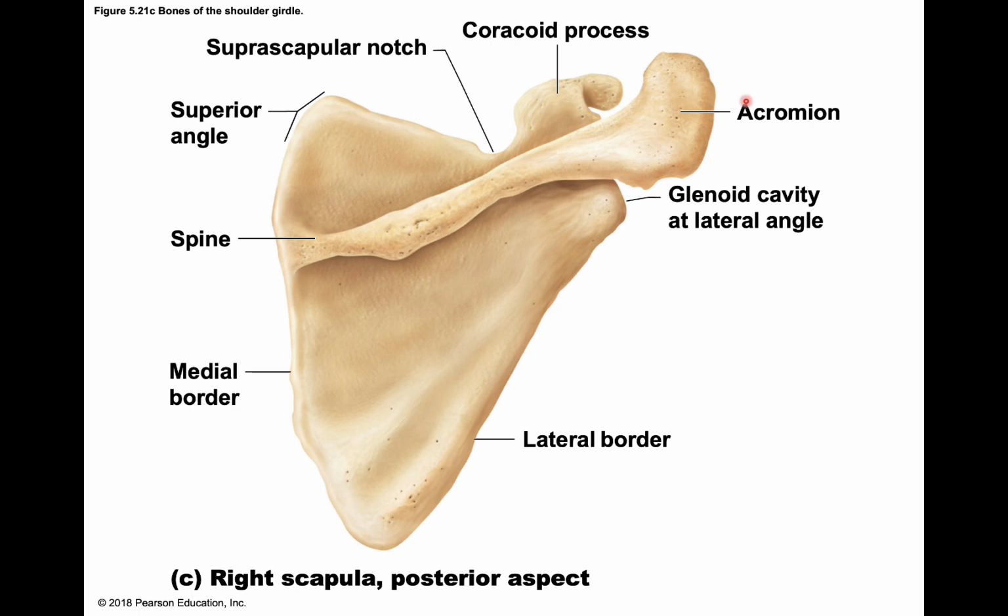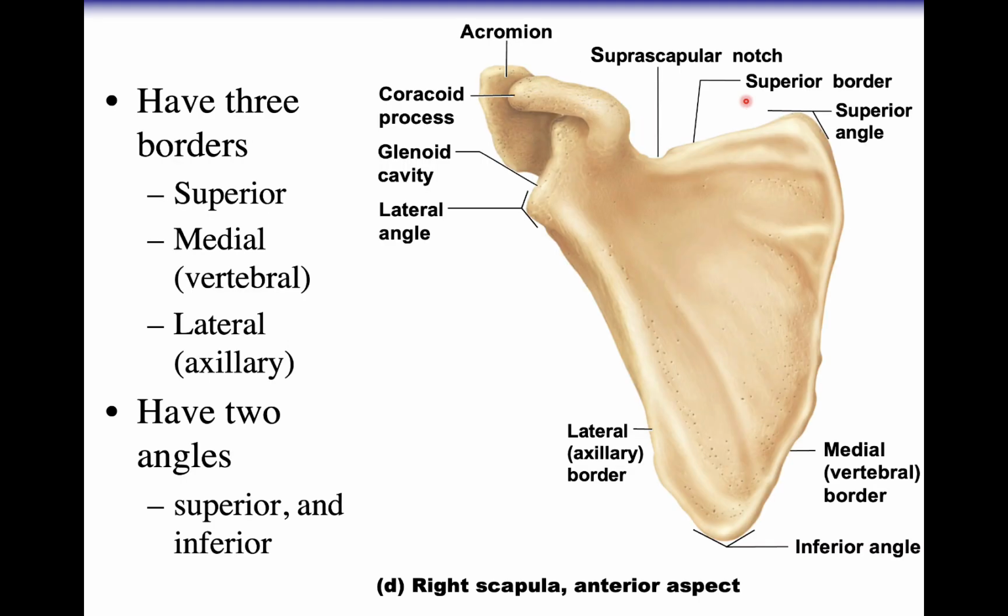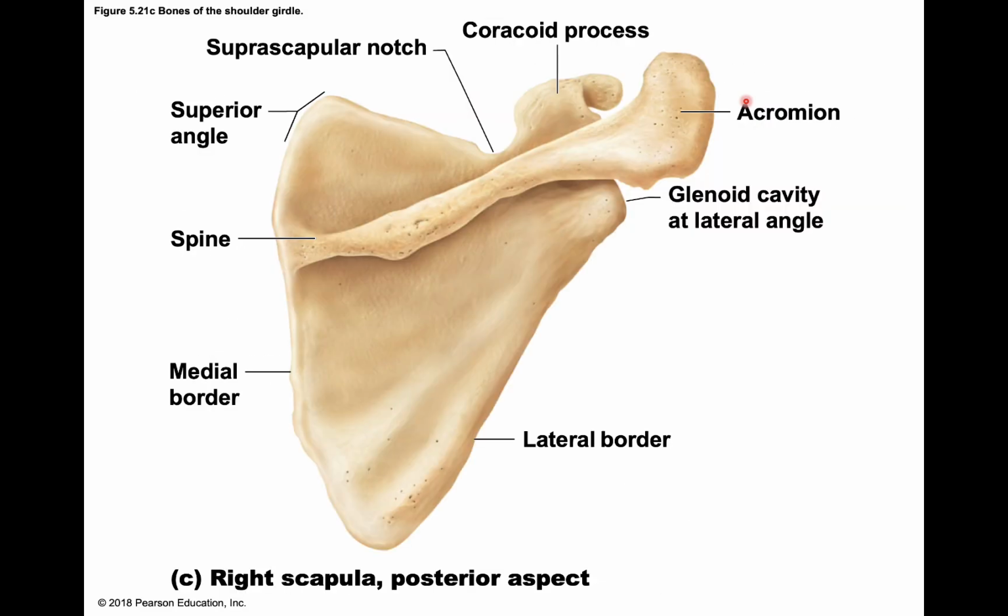All right, this is a great illustration for a lab test question. It has a lot of labels on it, and this is going to be the posterior view. We are going to look at an anterior view as well, but let's start with the posterior view. So this is the back of the scapula. What I want you to know from this is two big things in determining whether a scapula is a right side or a left side.